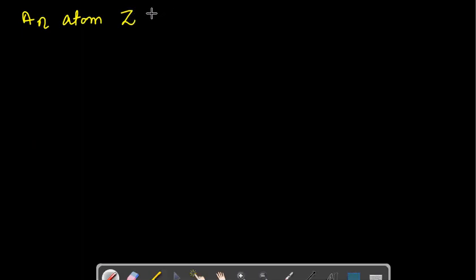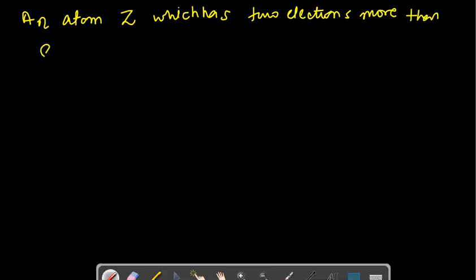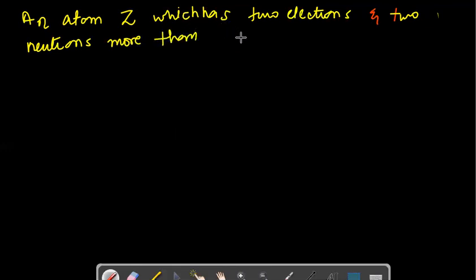So there is an atom Z which has two electrons and two protons and two neutrons more than S 16 and 34.